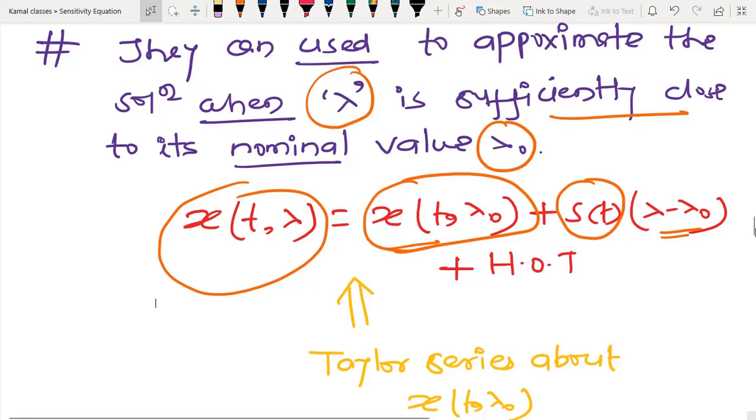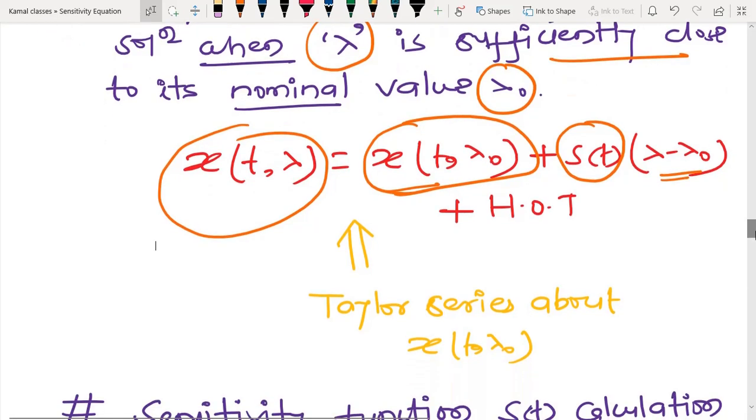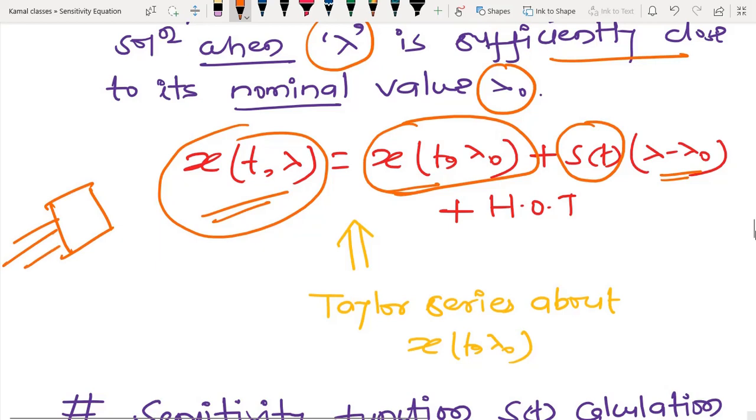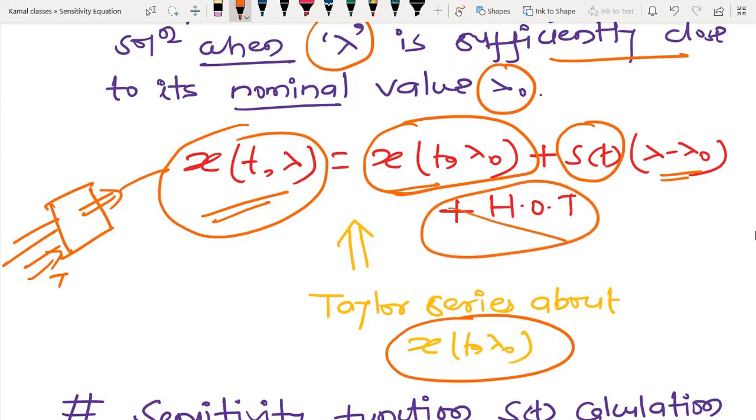This is nothing but the Taylor series approximation of the solution. The general solution means the solution when a disturbance of parameter comes into the picture, which is about this particular trajectory x(t, lambda 0). And we are going to neglect the higher order terms, same as in linearization.